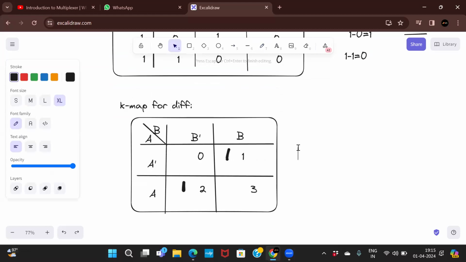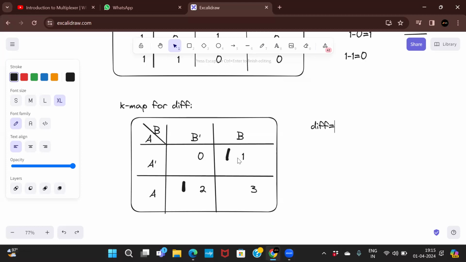There are no adjacent ones to pair up, so we look at the row and column.